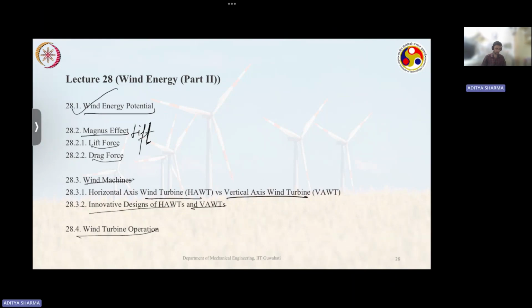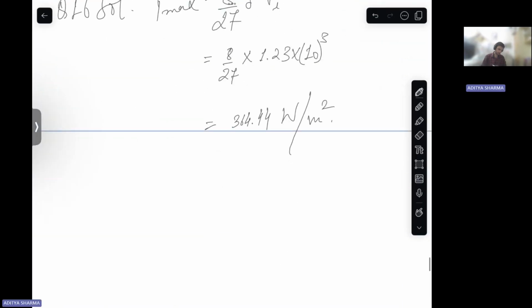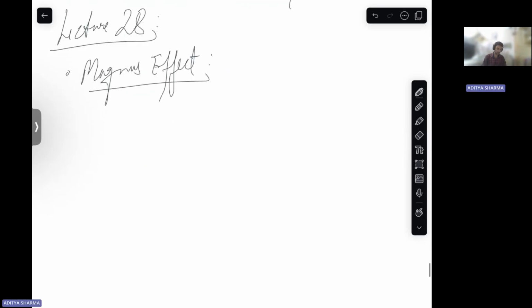So wind energy potential has been discussed in previous lecture. In lecture number 28, Magnus effect. What is Magnus effect? Let's say we have a cylinder, its cross section is like this.